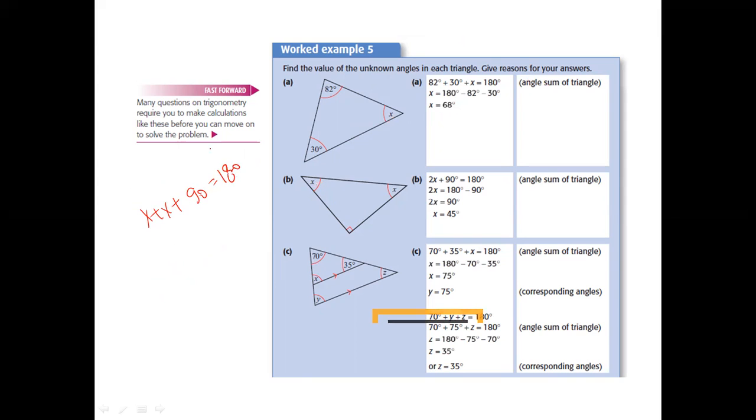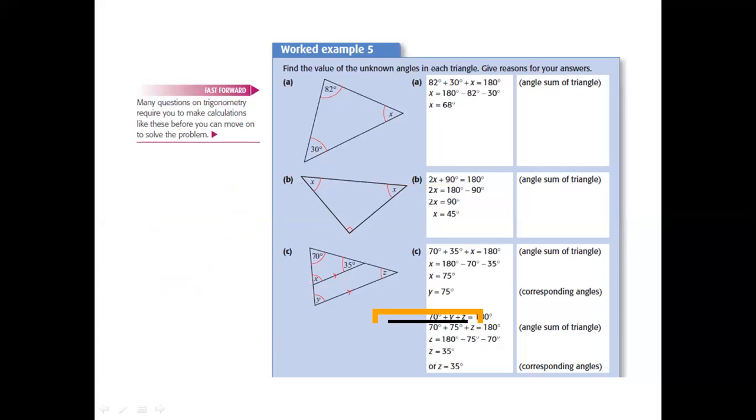So 2x plus 90 is equal to 180, and 2x is equal to 90. From here, x is equal to 45.